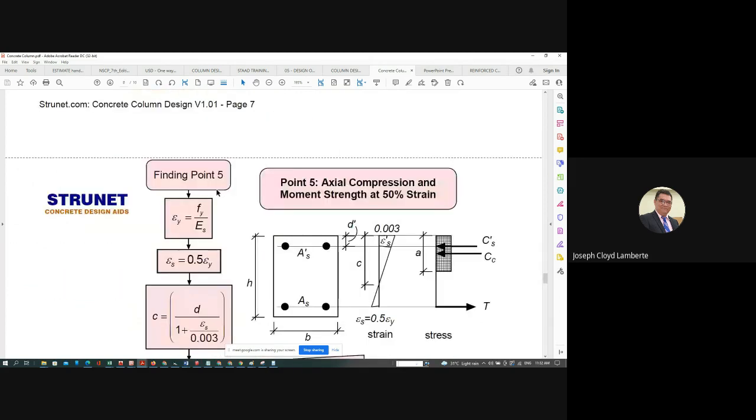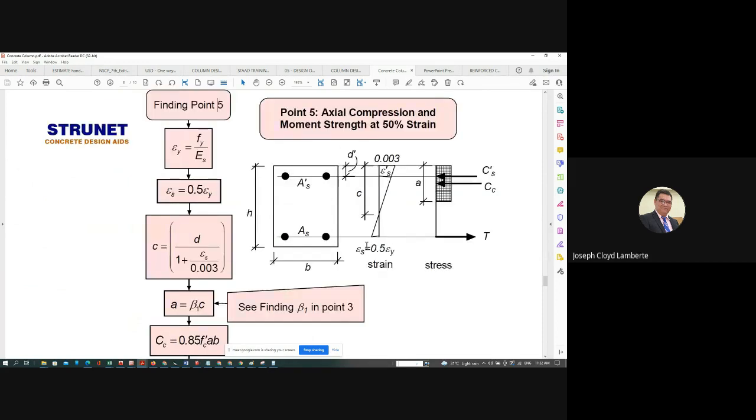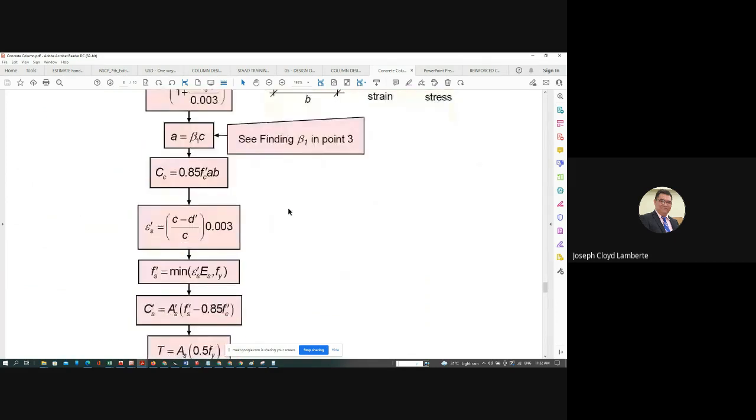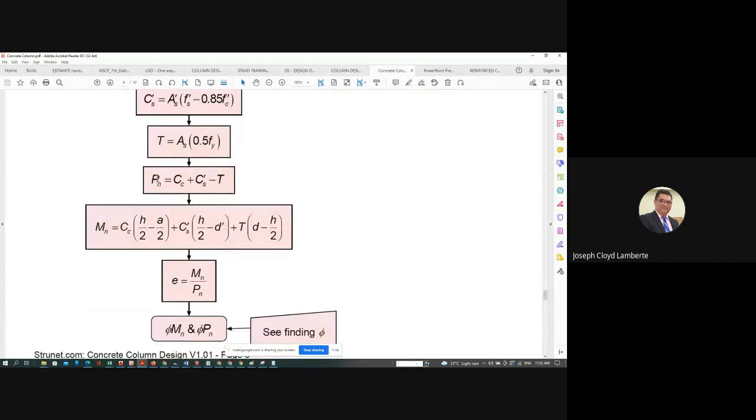Point 5, axial compression and moment strength at 50% strain. So ang imong strain dia is 0.5 sa EY. And with that, masolve na sa nimo sad ang PN and MN. So PN, MN.